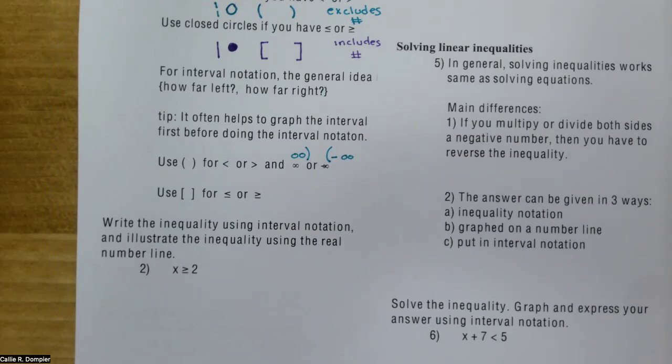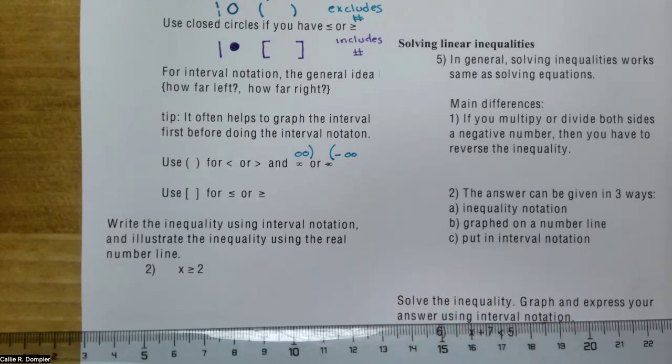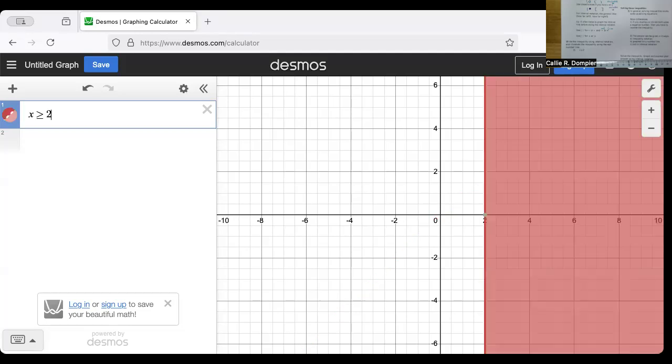Okay, so it says write the inequality using interval notation and illustrate the inequality using the real number line. You are welcome to use Desmos for this. Let me show you what that would look like. So you've got your graphing calculator. It says x is greater than or equal to 2.